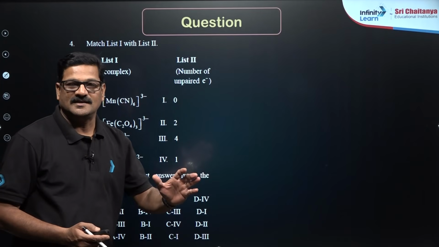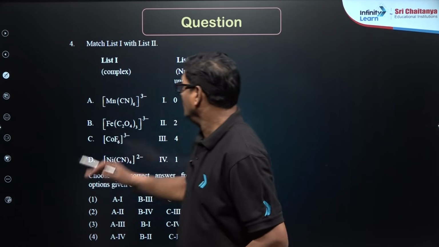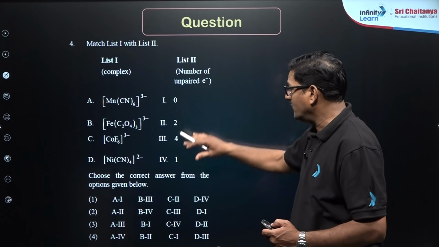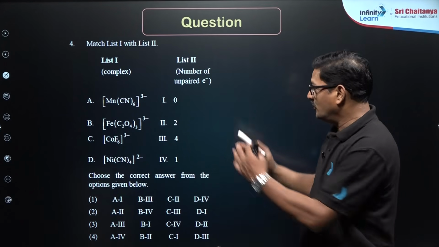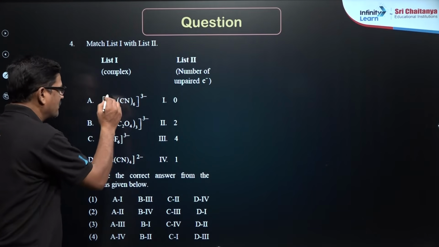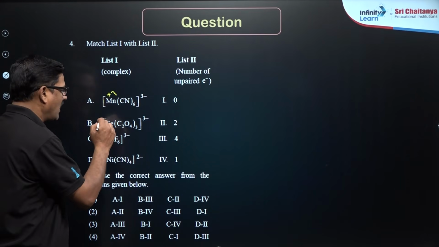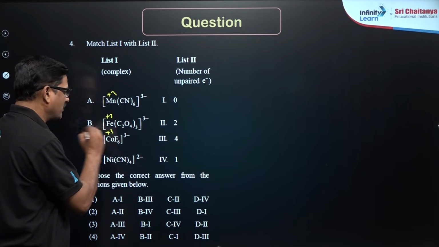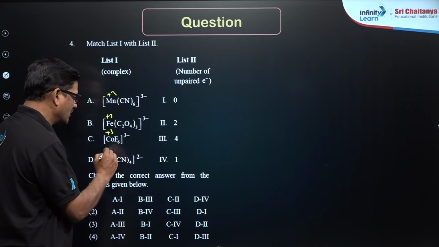Students, here is a match the following question. Here in list 1 complexes are given and the number of unpaired electrons are given, and we have to match them. Manganese is in the +3 oxidation state, iron is going to be +3, cobalt is going to be +3, and nickel is going to be +2.